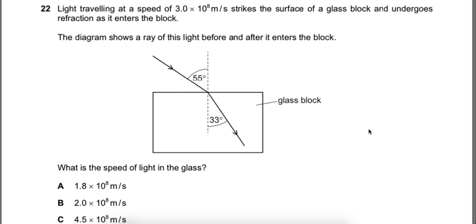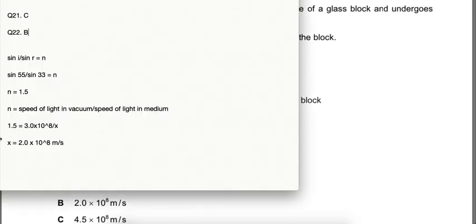You immediately recall that I have a formula for refractive index, sin i over sin r, and then I have another formula of refractive index based on the speed of light in vacuum. So sin i over sin r gives you the refractive index 1.5. You then relate that to the speed of light in vacuum and speed of light in medium. So speed of light in vacuum divided by the speed of light in medium. You get 2 × 10^8. The answer is option B.